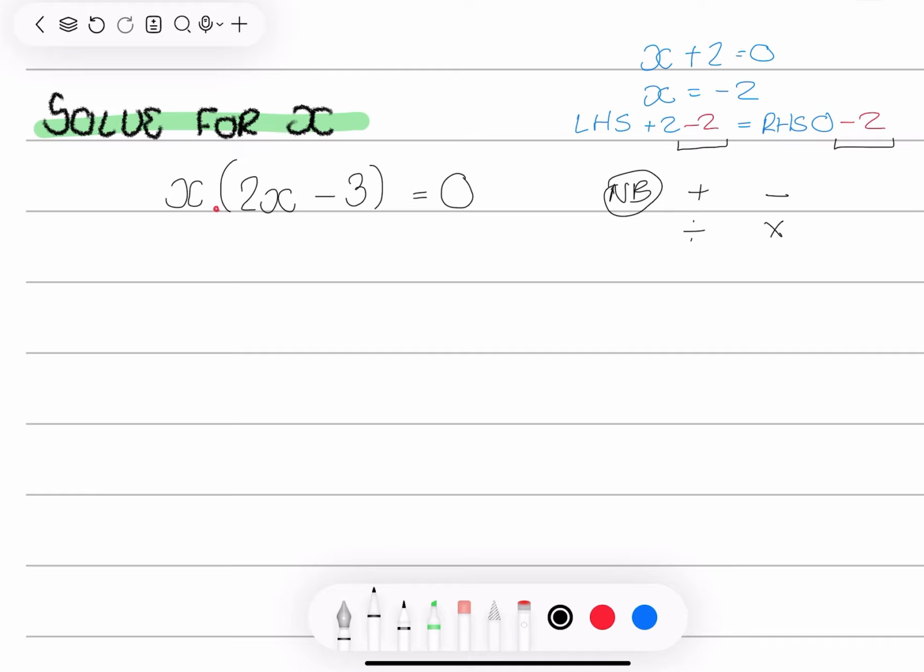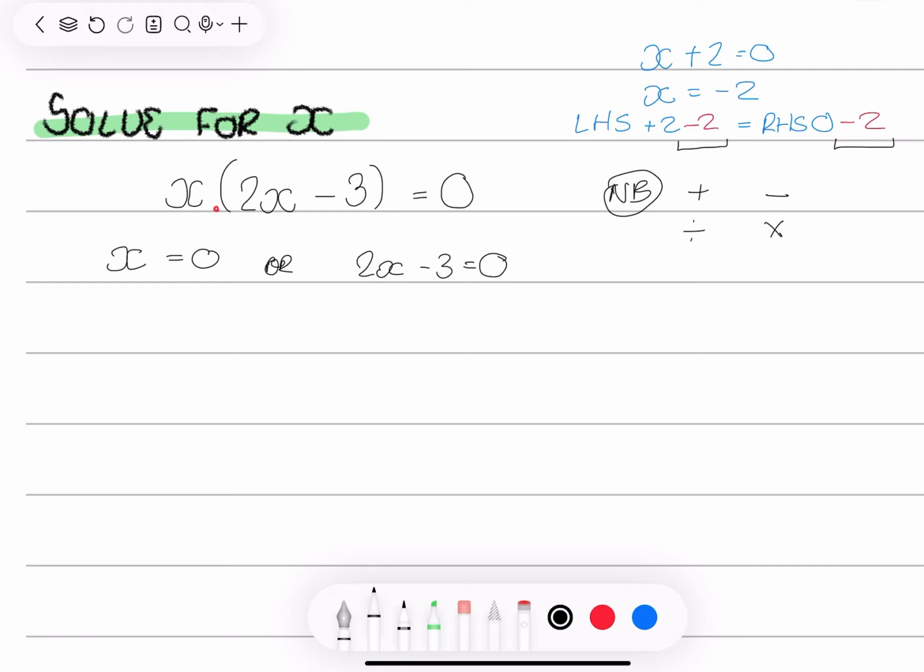So all we basically have to then do is x equals 0 or 2x minus 3 equals 0. All right. Then you must just keep note, or just be vigilant of the fact that we are not done on the one side.